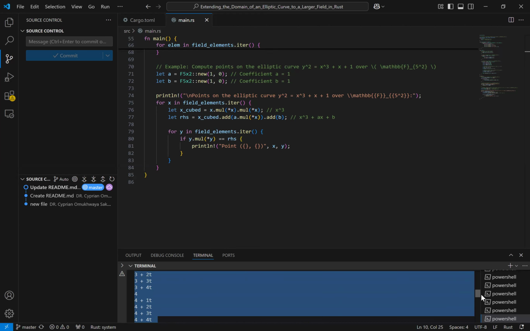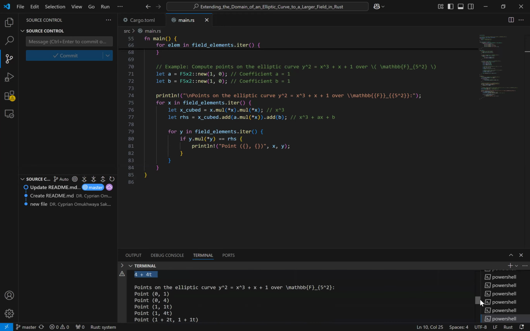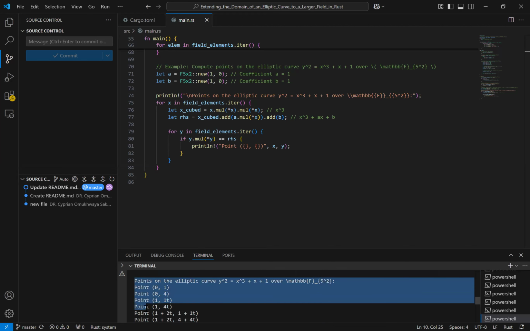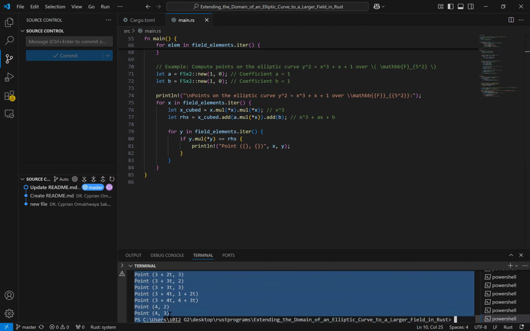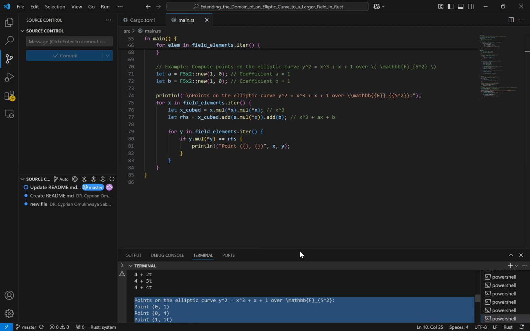When you cross them and cross-check which ones satisfy the equation, you will find that the following satisfy the equation. So these are the points on the extended elliptic curve. There are 25 points here. No, 27, I think 27.